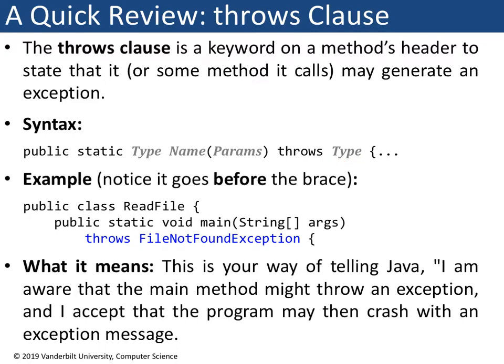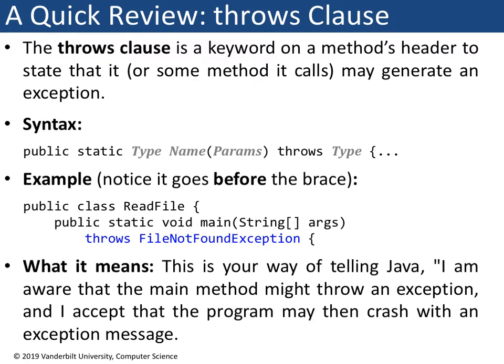So here's an example. Notice that the throws exception goes before the curly brace. We have our class, then public static void, the name of the method, in this case main, just like in our example video, then the arguments to the main method, and after the parameters, but before the curly brace, we have throws FileNotFoundException.